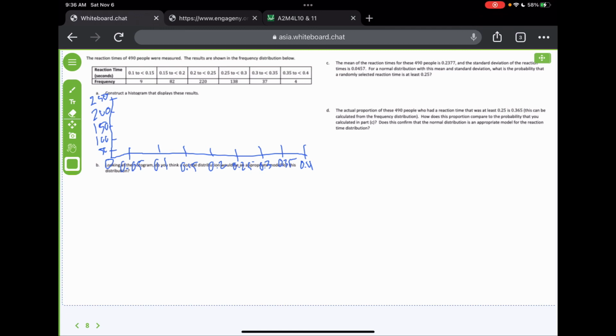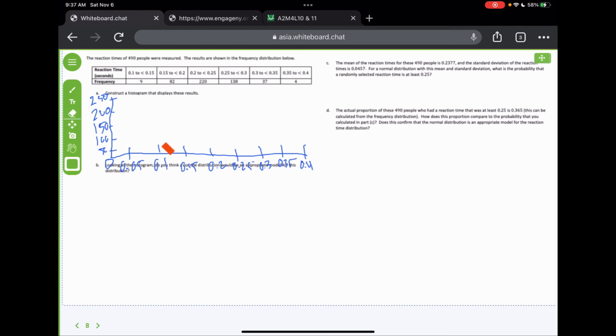Okay, so what was the frequency of 0? We don't have anything for 0 to 0.05 because that's just too fast. You can't react that quick. So here we're going to have a frequency of 0.1 to 0.15 is going to be 9, so it's going to be almost nothing down here.